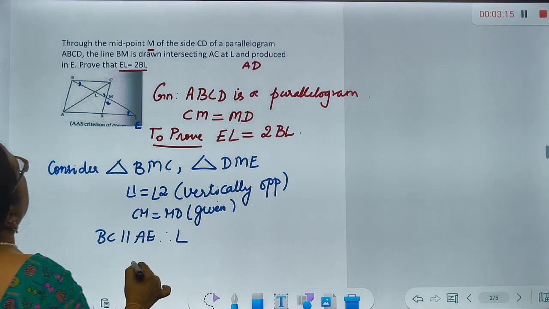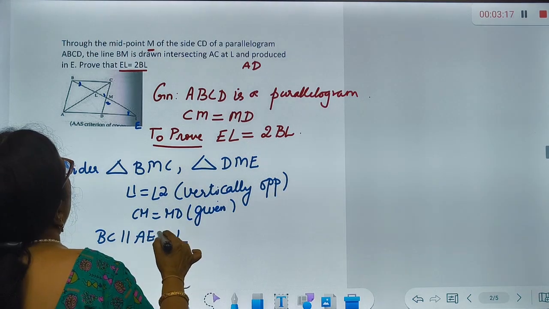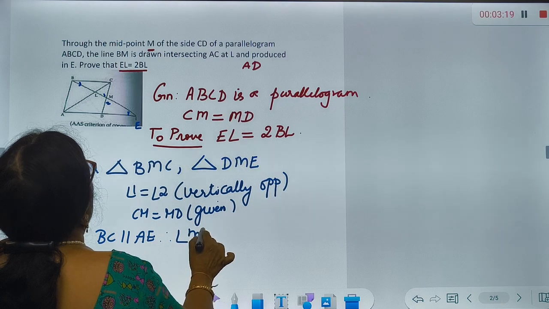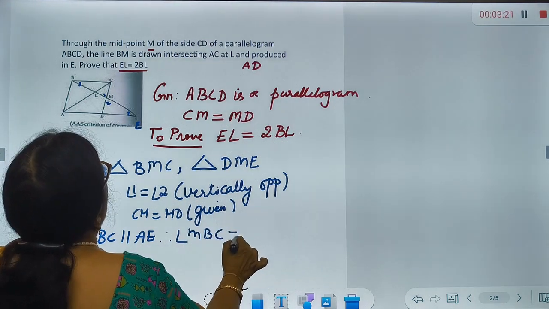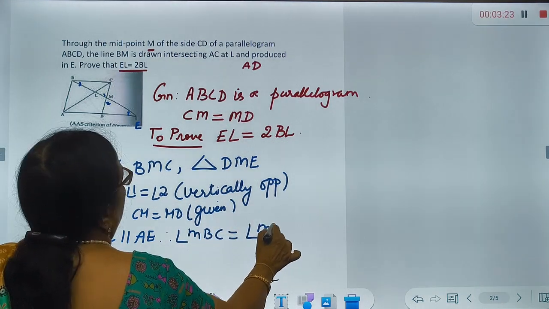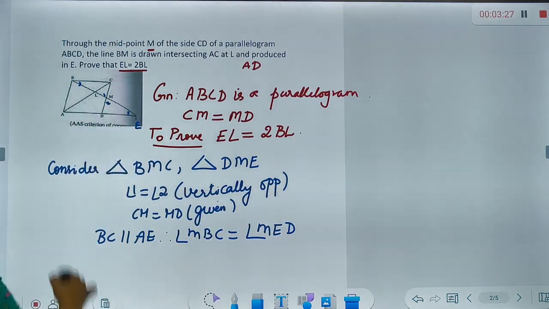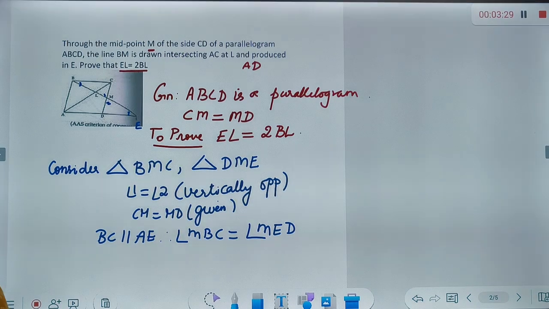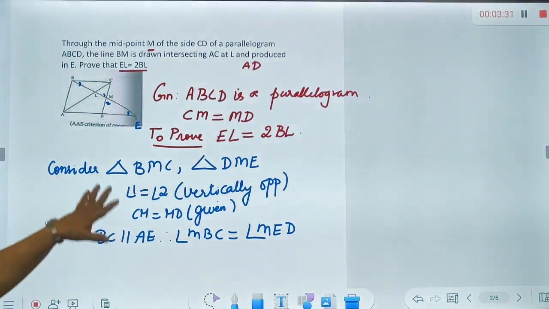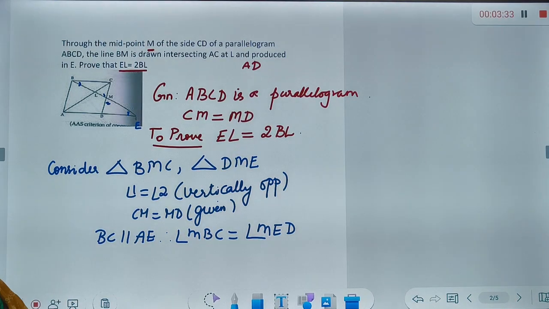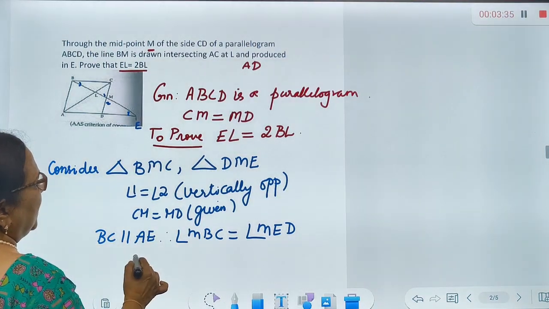Therefore, angle MBC is equal to angle MED. This angle B is equal to angle E in the triangles that we have considered. So this is our observation. From this what do we get?